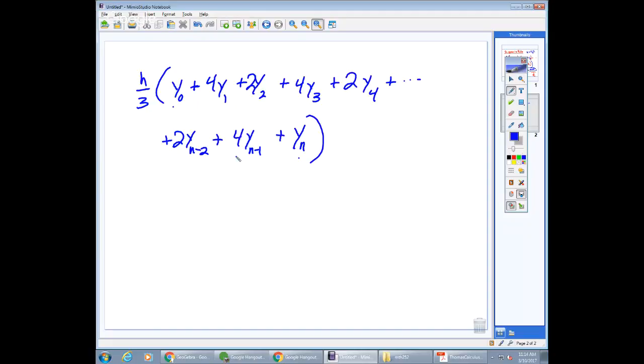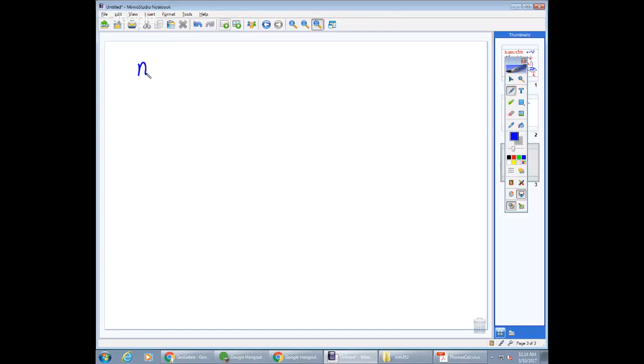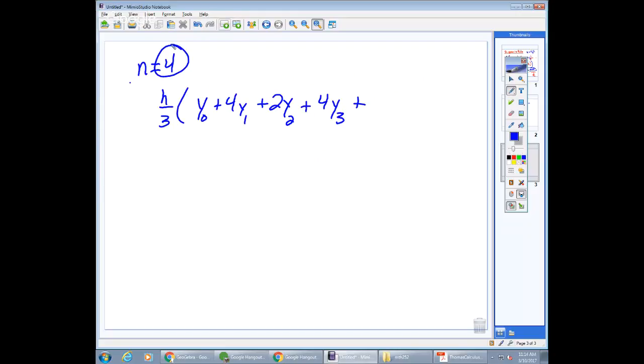So for example, if someone says, hey, n equals, I can only do 4 subintervals, that's all I have time for, then it would be whatever h is over 3, and then you would have y0 plus 4 y1 plus 2 y2 plus 4 y3, and then n is 4, right? So then I'm done. Why? The last one only gets used once.